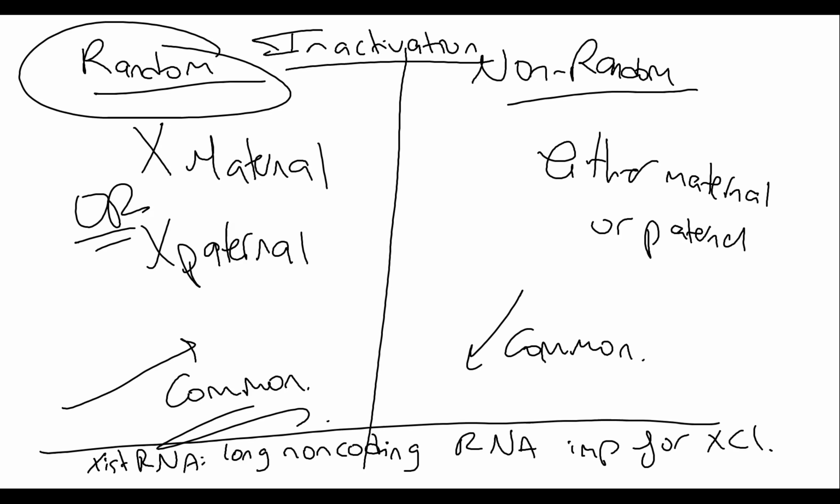What is the Barr body? The Barr body is one of the most important things you should know about this topic. This inactivated X chromosome won't appear as the image of a chromosome anymore.